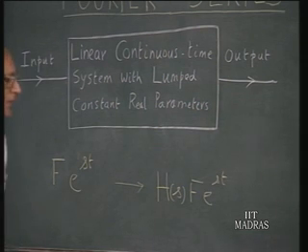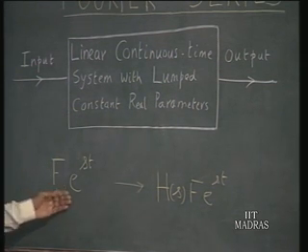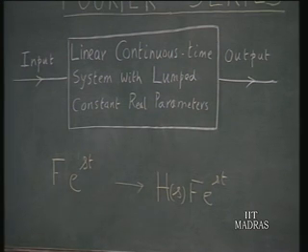Any signal which gives rise to that property is said to be a characteristic signal or eigen signal, and in the case of the systems that we are considering, this exponential signal F e to the power of st constitutes a characteristic signal.